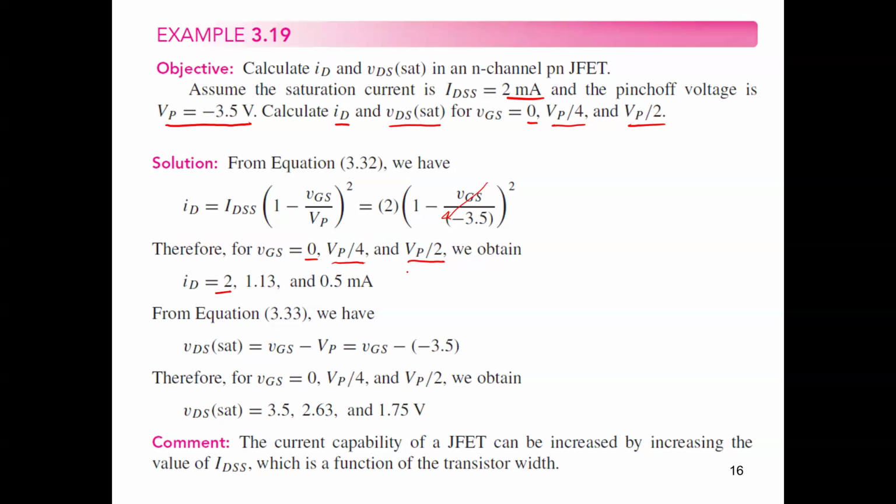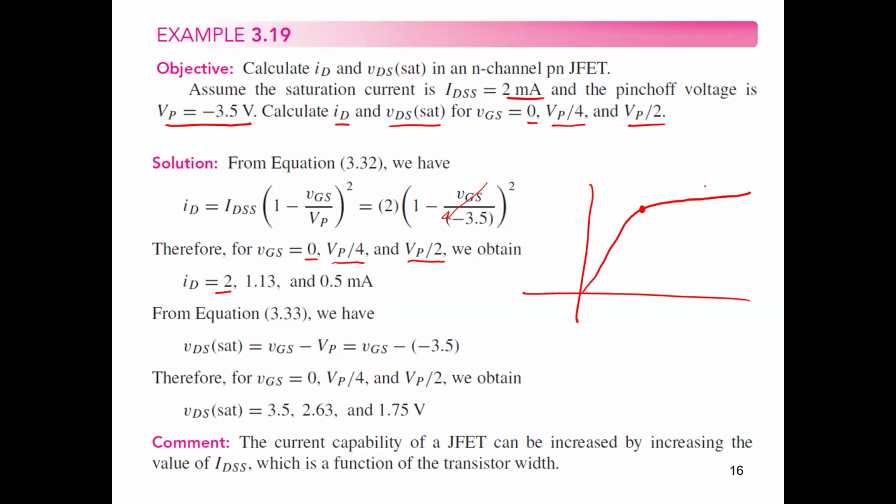This is making sense because if you draw the characteristic, we have the linear region and then the saturation region. The end of the linear region is the start of the saturation region.